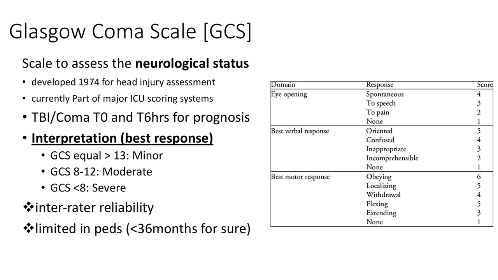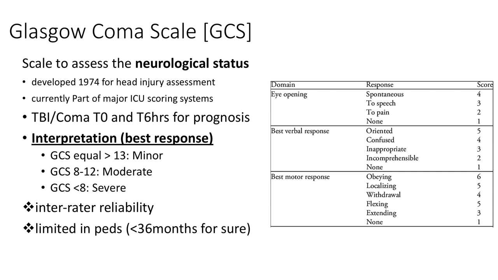How do we grade patients with traumatic brain injury? Glasgow Coma Scale has become a very simple, very broadly distributed tool to describe a neurological status. It was developed in 1974 for head injury assessment, and even up to today is part of the major ICU scoring systems as how to grade the neurological status.